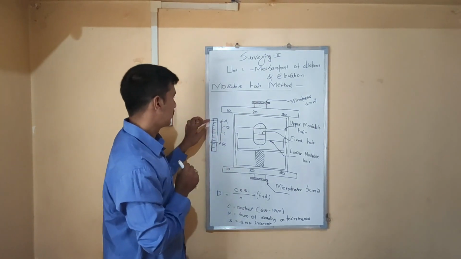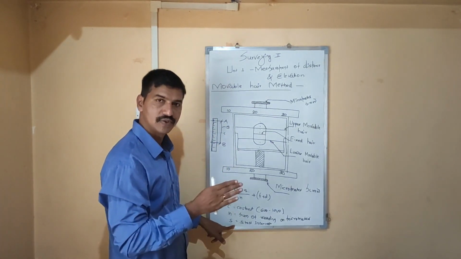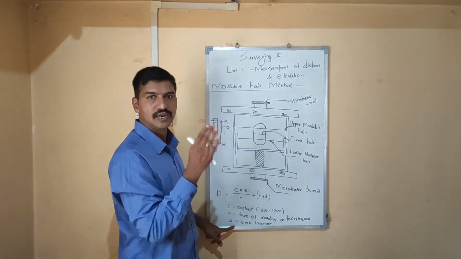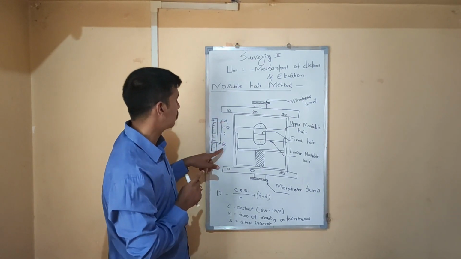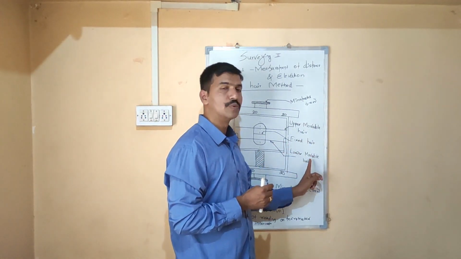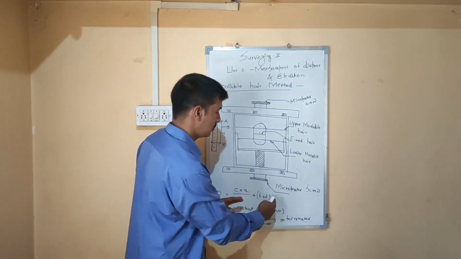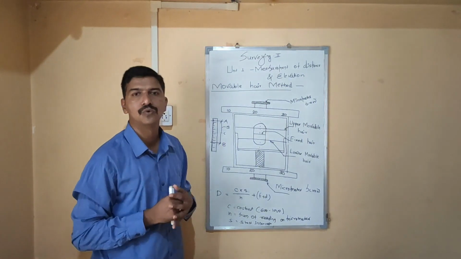Here the staff intercept S is fixed on the staff. To bisect the top and bottom target, we have the upper movable hair and lower movable hair, which can be moved in a vertical plane by using the micrometer screw.